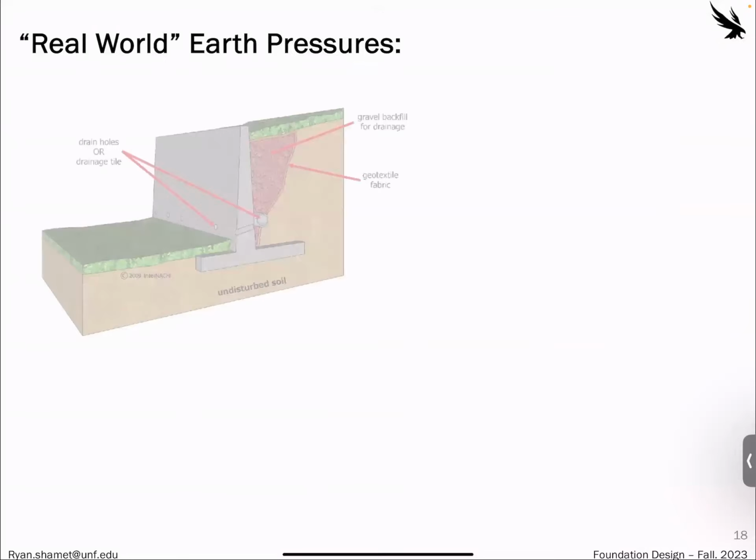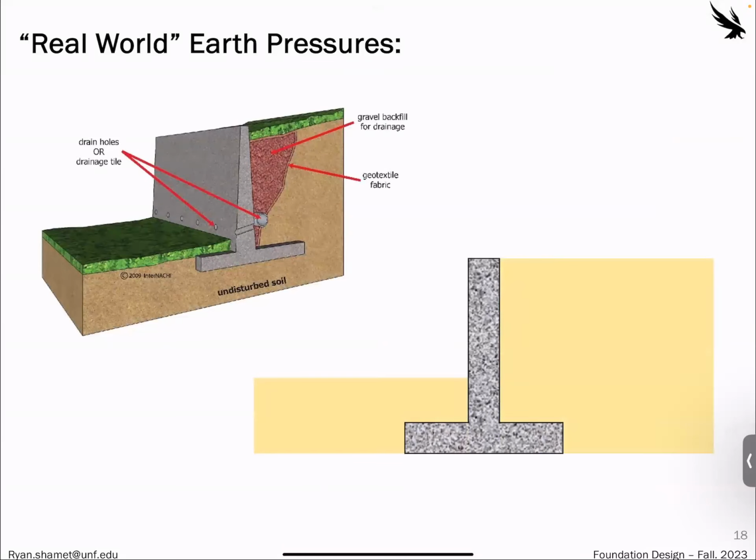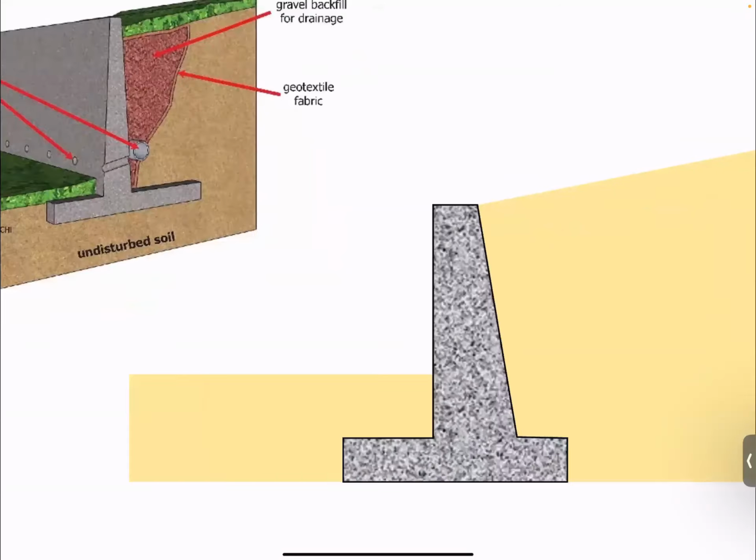So those two examples are shown here, and we gave examples of where each might be used. But for real-world earth pressure, which follows over from Rankine, usually there's a lot more considered than just the soil and the wall. In this case, we have the potential of a sloped backfill. We have the potential of a sloped wall, or some offset angle of the wall.